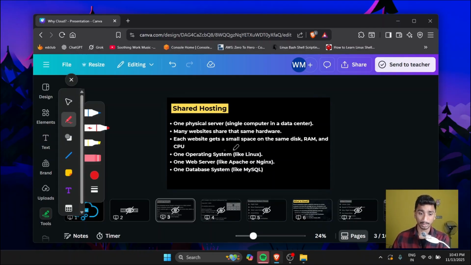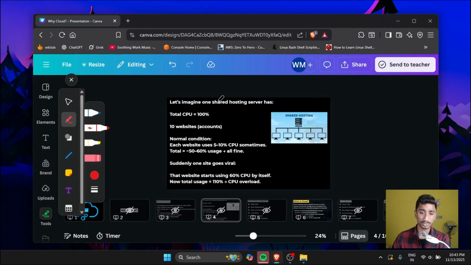Let's imagine one shared hosting server with total CPU power of 100%. Ten websites are connected to that server. In a normal condition, each website will use 5 to 10% CPU, sometimes a total of 50 to 60% usage, all fine. Suddenly one website goes viral, goes popular, and starts using 60% of CPU by itself.